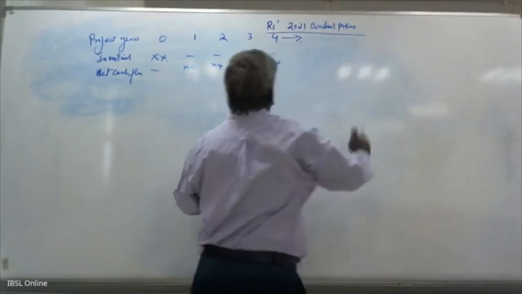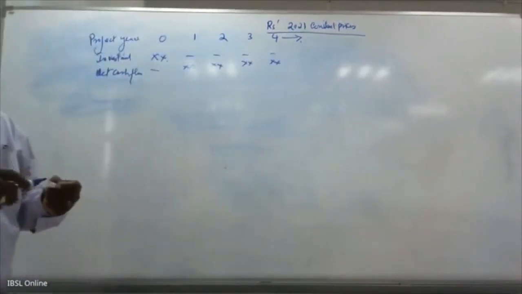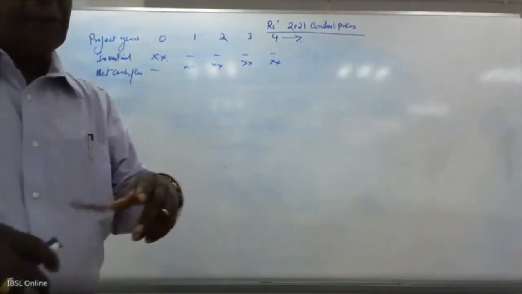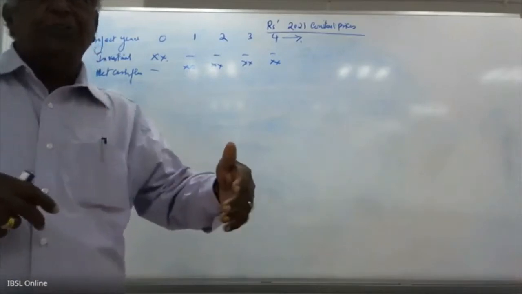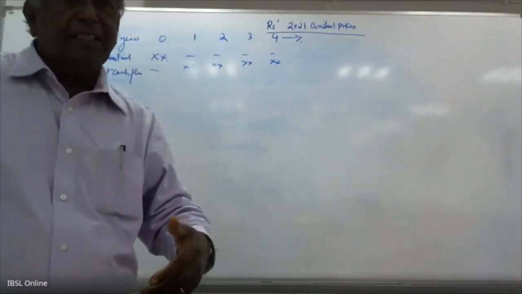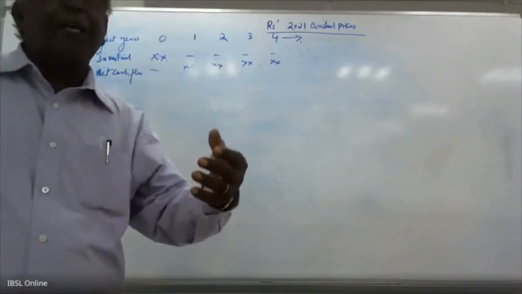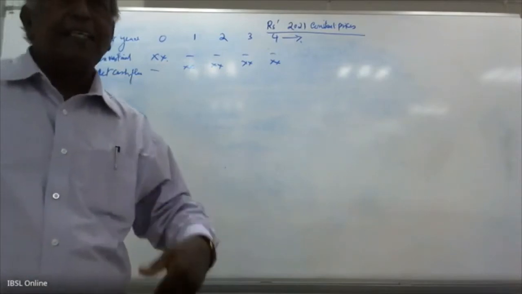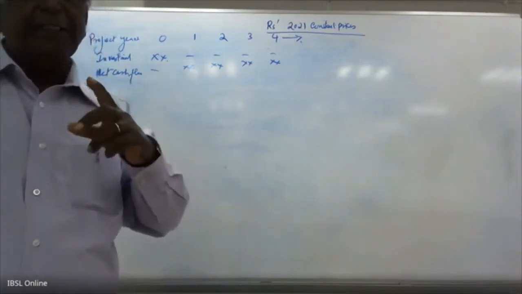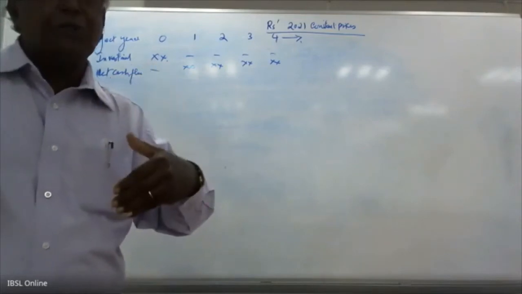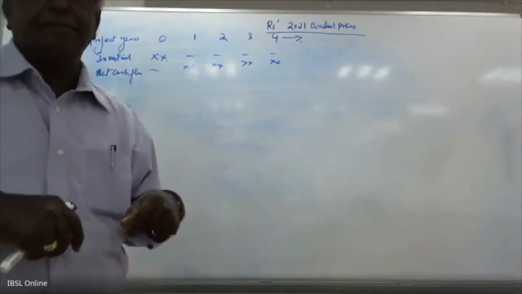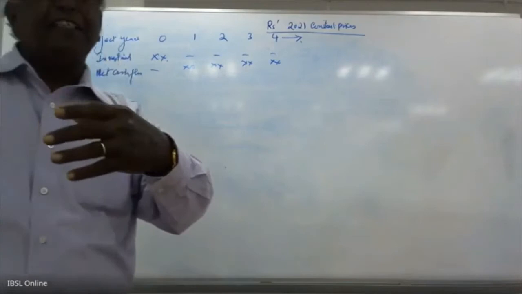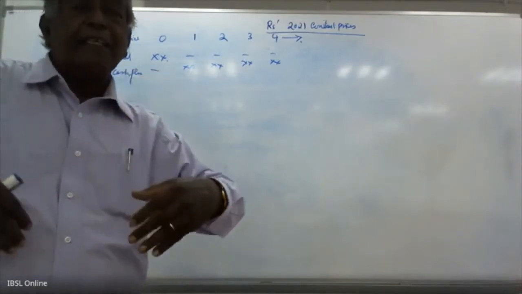Rupees 2021 constant prices. So some people apply this 5% increase, 10% increase to get a favorable answer, to make the project favorable. They say on the income side, sale price, annually 5% increase or 10% increase, and they don't touch the expenditure side. If the sale price is increasing, then on the expenditure side also the prices should increase. Or some people do sale prices 10% increase and expenditure side 5% increase.